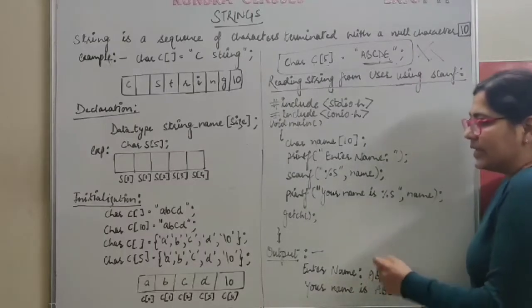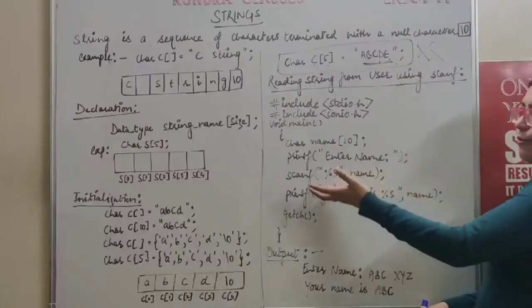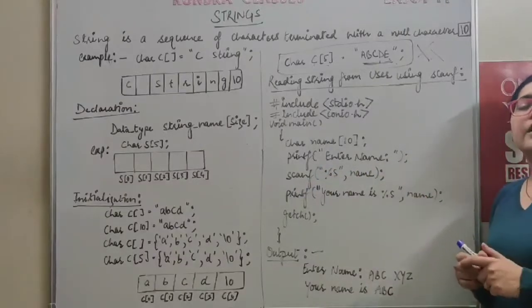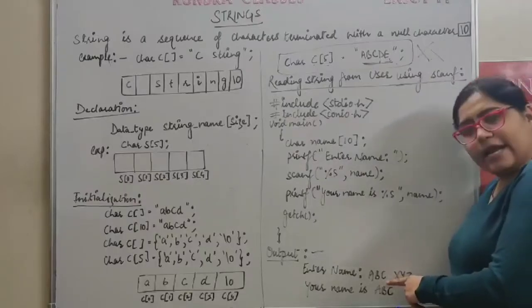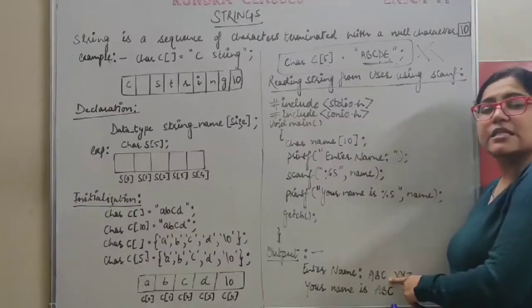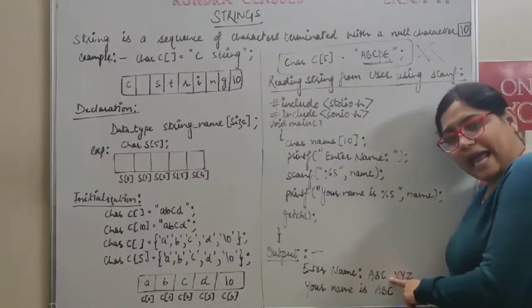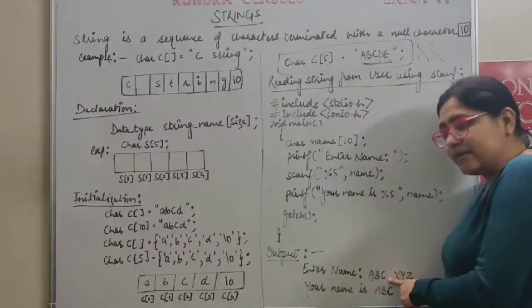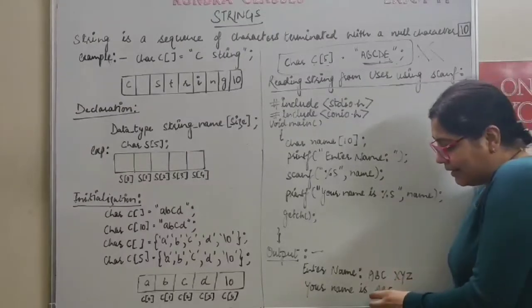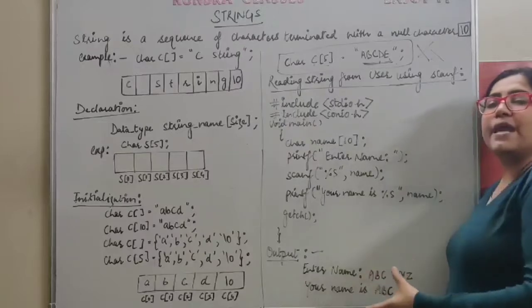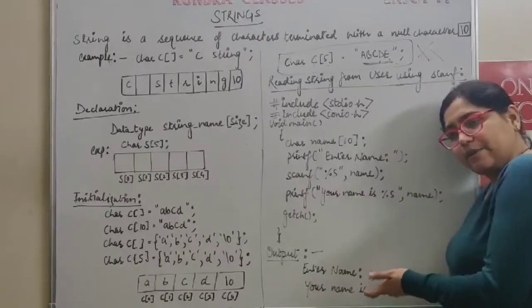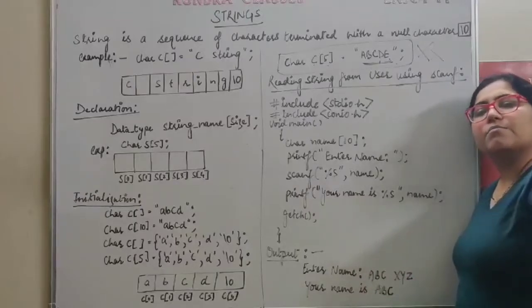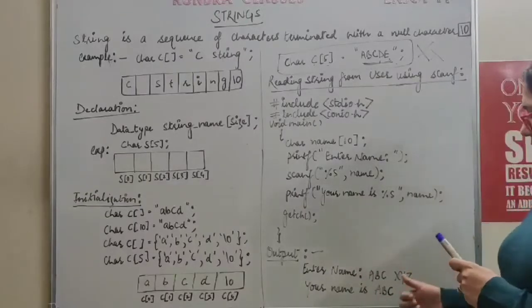Because we are using scanf here, when scanf gets a space or newline character, that means enter or tab, it will terminate the string there, and only the information before that particular character will be displayed.